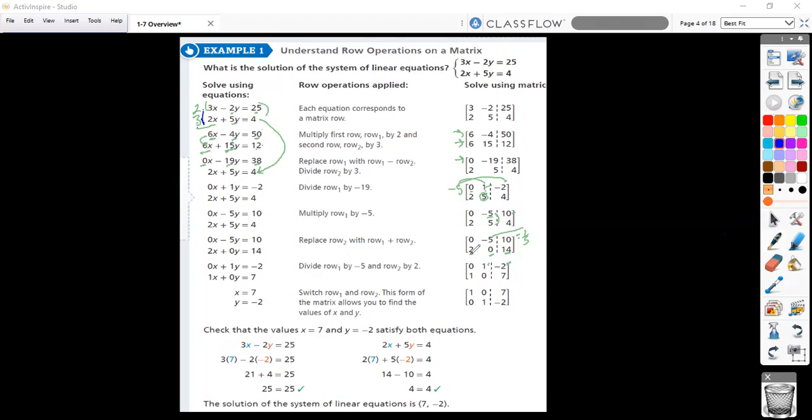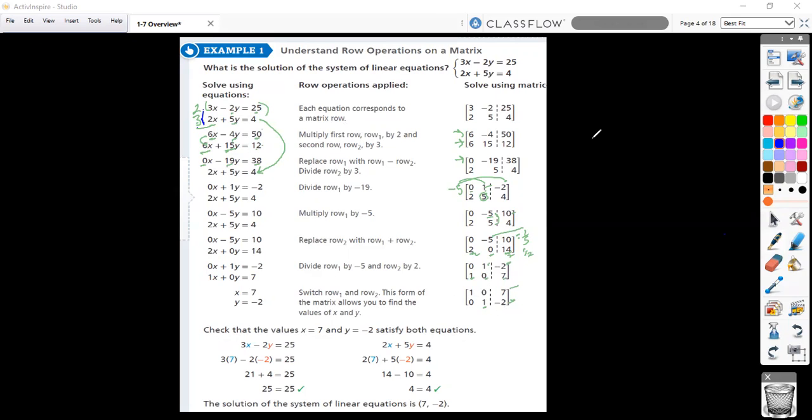And then divide these by 2 or multiply by 1/2 there. So you get 1 in this spot, and then keep that 0 in the 14. Then they just changed the order here so that you could have your x being the 7. And this 1 here is your y being negative 2.